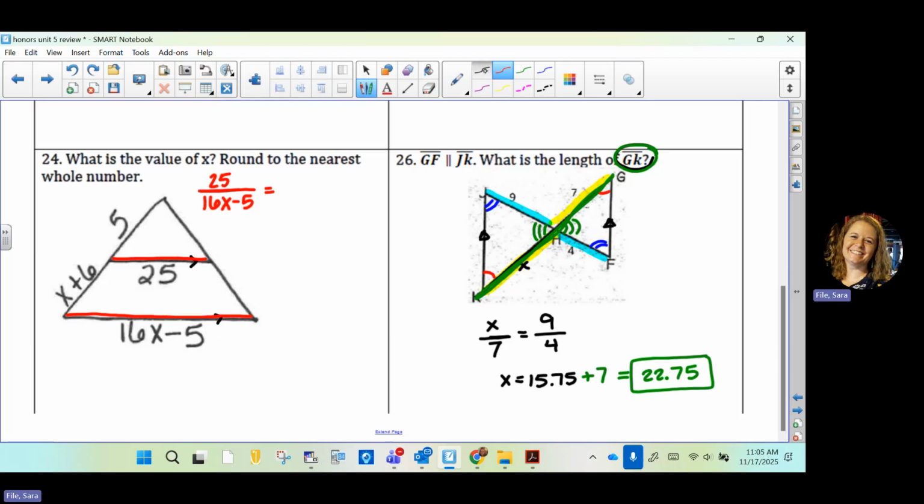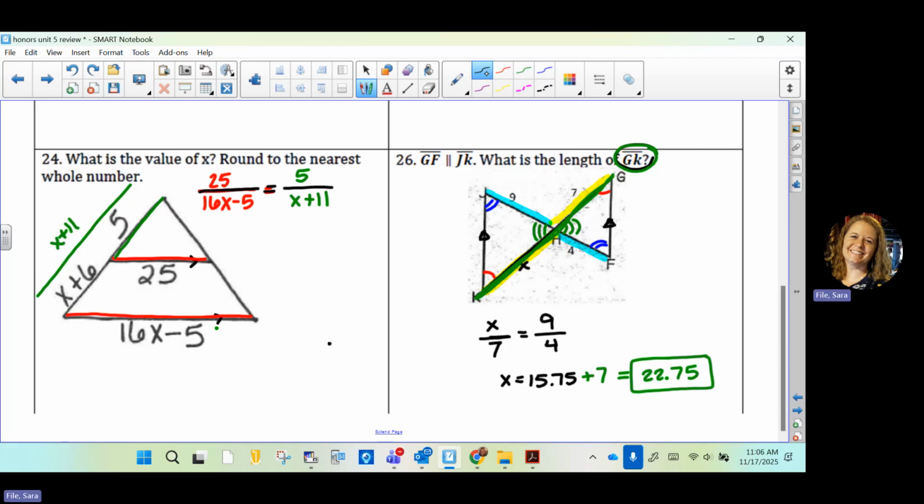So when you go to set what that is equal to, it should be small triangle to big triangle. So over here, if you start with 5, it is not going to just be x plus 6 in the bottom, because x plus 6 is not the length of the large triangle, is it? What would be the length of that large triangle on the left side? X plus 11. So you have to be careful and see that. So we should put x plus 11 here in our proportion.